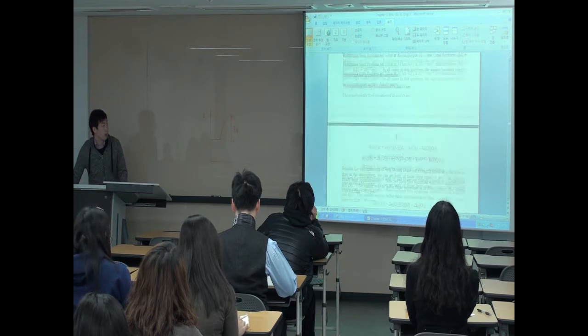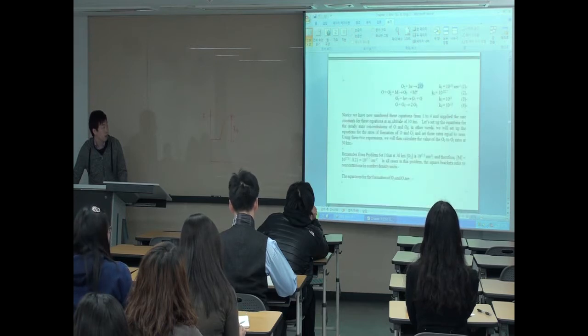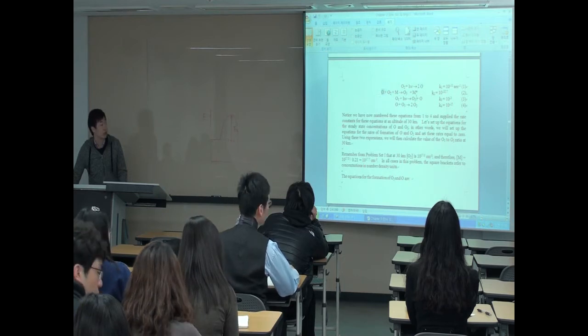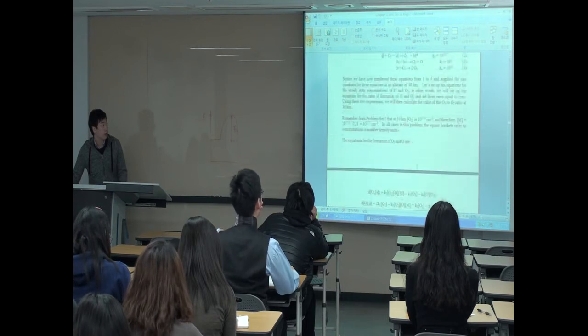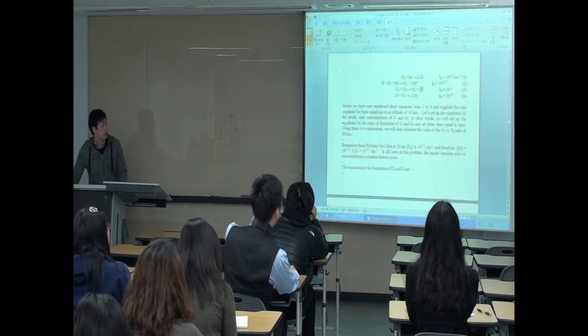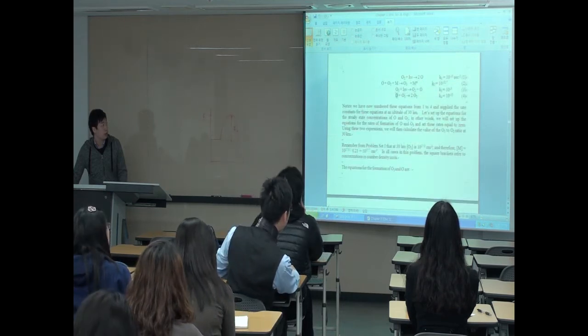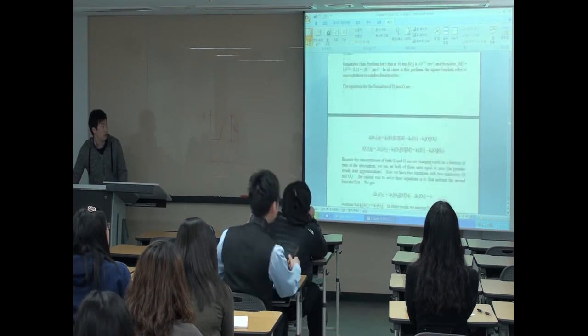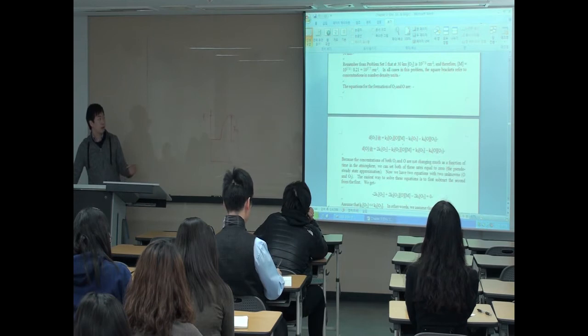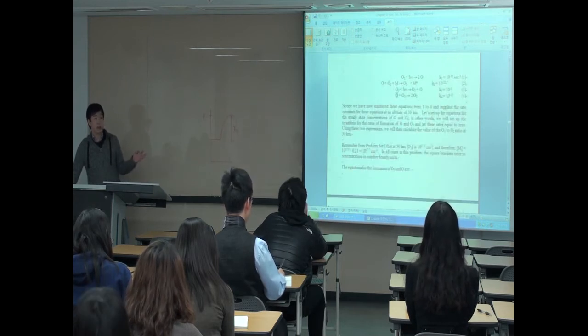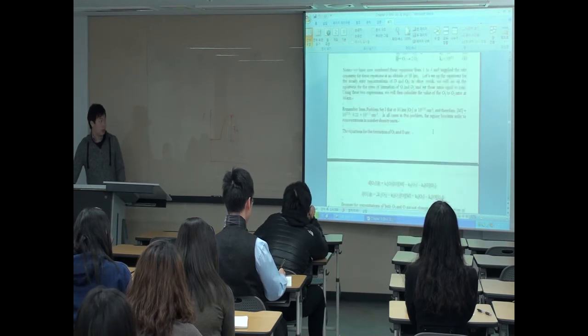And this minus means the single oxygen is consumed. So this is minus, and this is the production of single oxygen. And here is also consumption, so here is minus. So we can make this kind of equation for the Chapman equation.